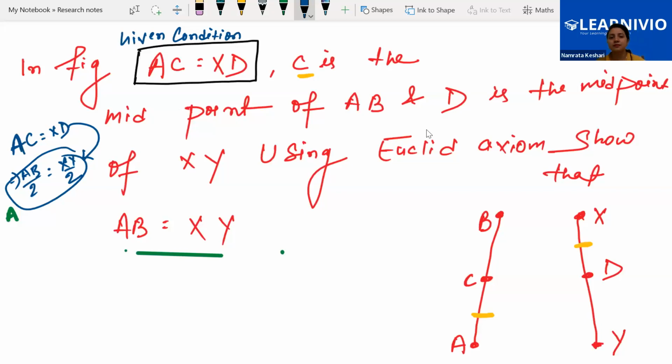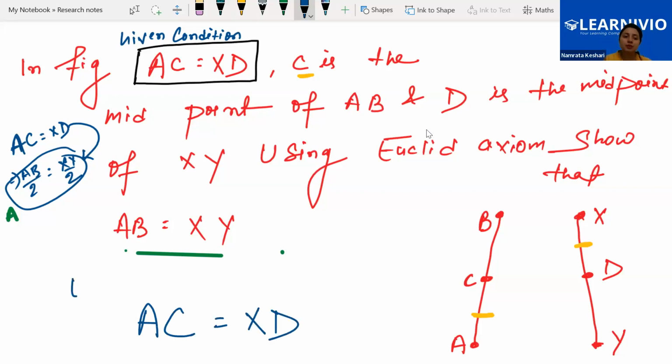Anyone else? Yes, this reasoning is correct, that AB by 2 is equal to XY by 2, but the steps we are not able to write properly. The given information we are not able to use properly. The given information is AC is equal to XD.